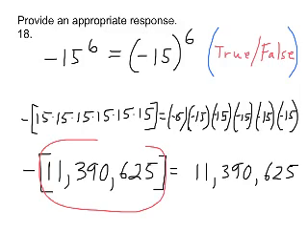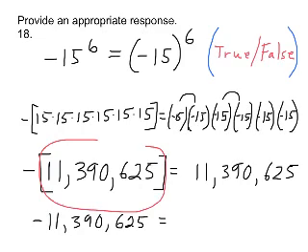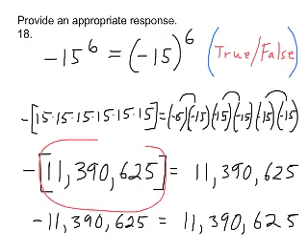So that would make the number a negative 11,390,625. But on this side, because these are all pairs of negatives, and a negative times a negative is a positive, this number becomes positive. So it's positive 11,390,625. So they're way different than each other.